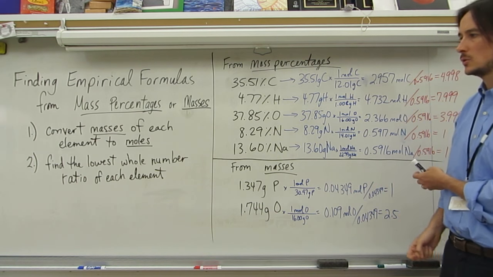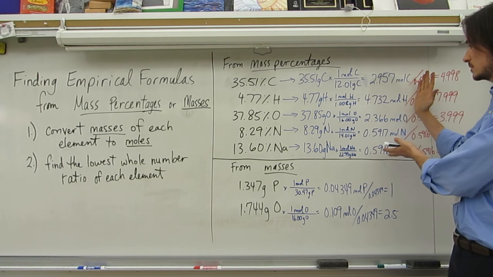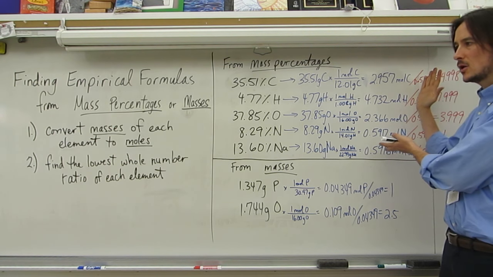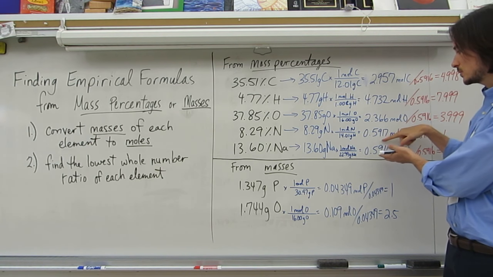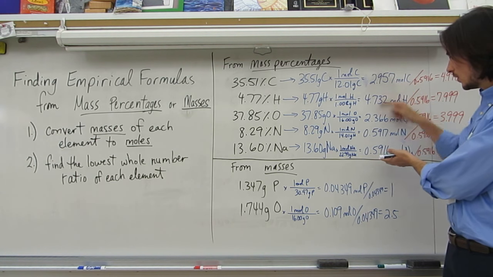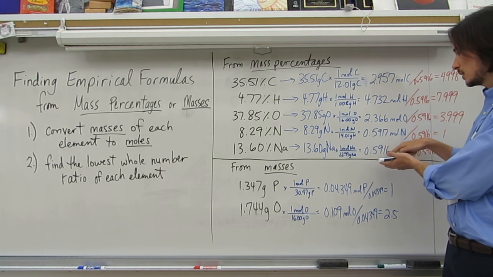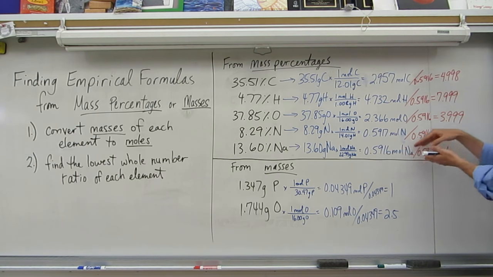We find the lowest whole number ratio of each element. So we know the mole ratios. What we want now is the whole number mole ratio. To do that, first pick the lowest one and divide all of the numbers of moles by that lowest one. The number of moles of sodium is the lowest, 0.5916. We divide everything by that.